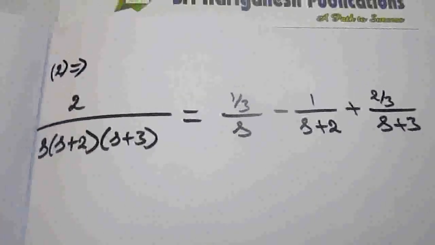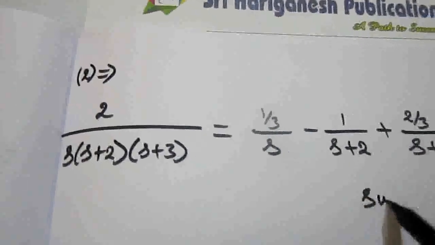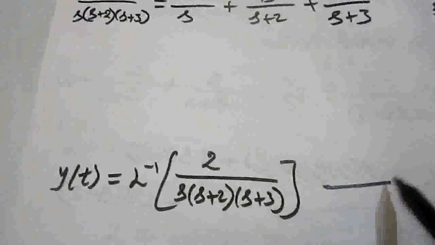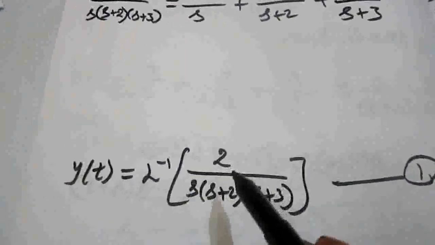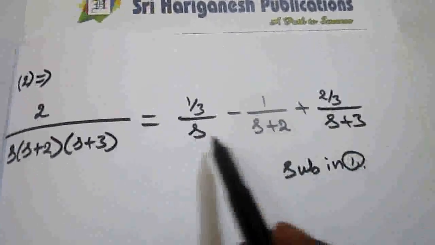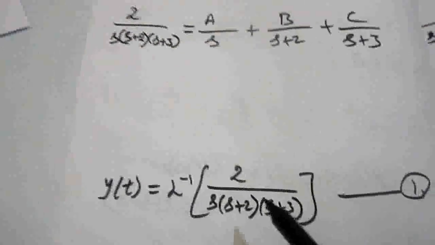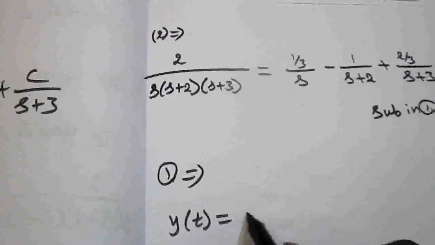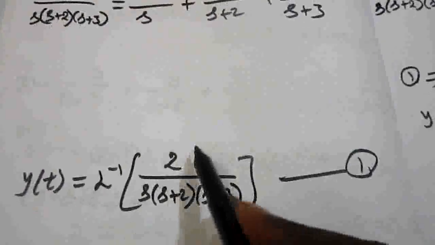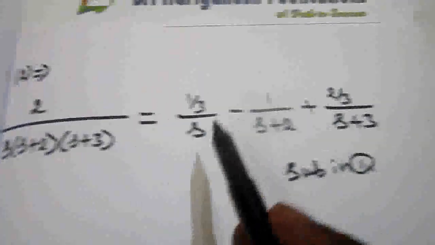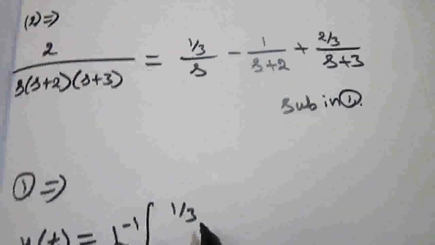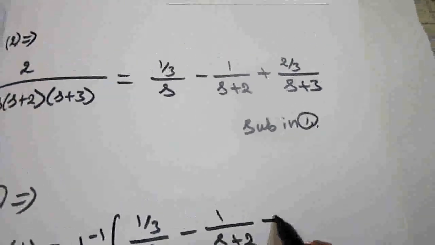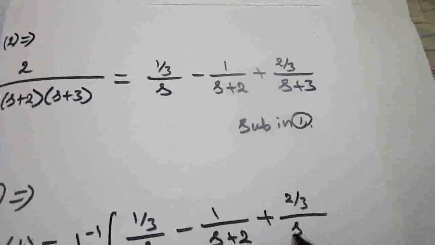Now substituting these values in equation number 1, y of t is equal to L inverse of 1 by 3 by s minus 1 by s plus 2 plus 2 by 3 by s plus 3.